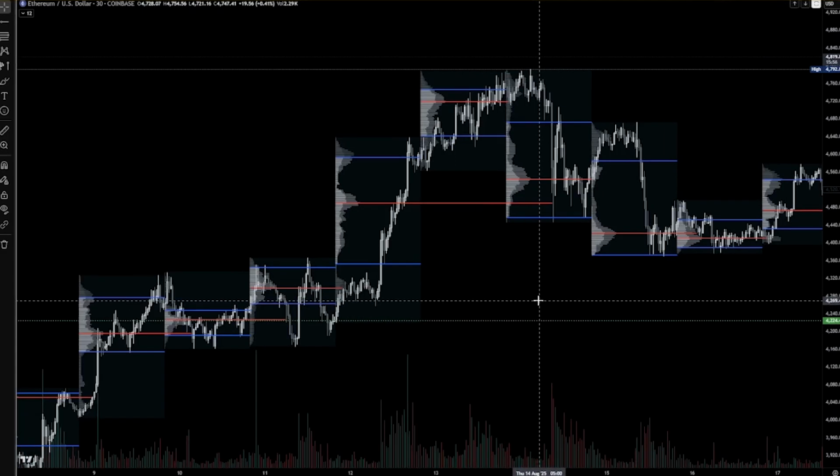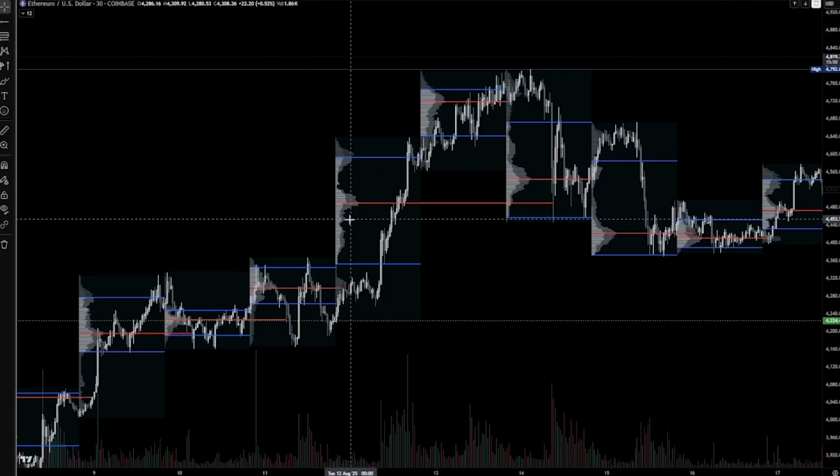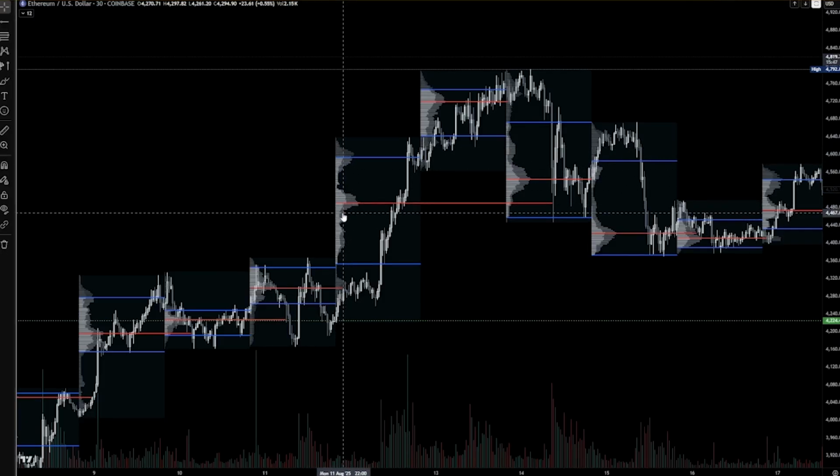So delta is the net between buys and sells, and this is just up and down volume. So the total volume.